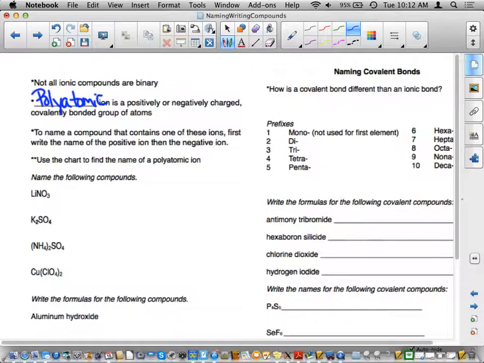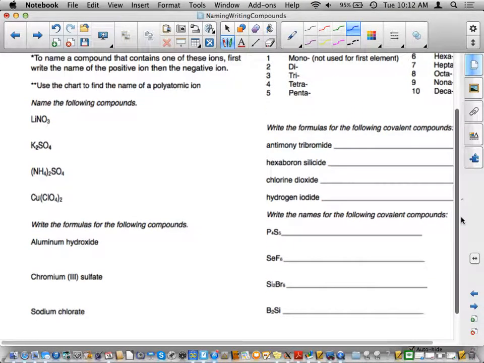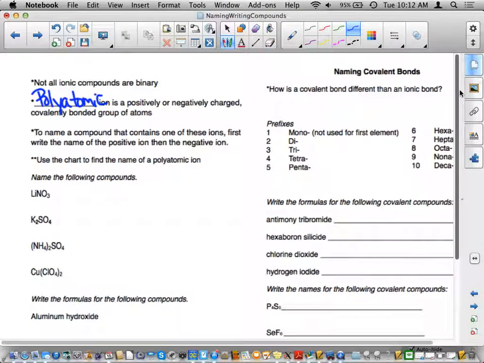So let's name some compounds dealing with those polyatomic ions. Remember that with an ionic bond, we always have the positive ion listed first and then the negative ion. Okay, so if we have a polyatomic ion, it's going to be ammonium, NH4. And on this first example, it's not ammonium, so I know that I'm going to use the element on the periodic table that has the symbol Li, which is lithium.